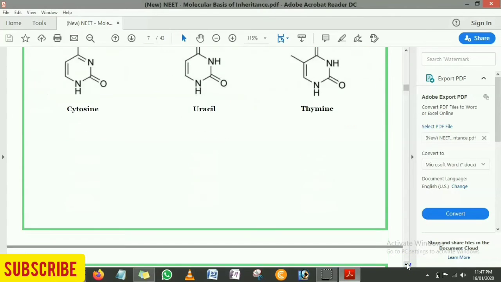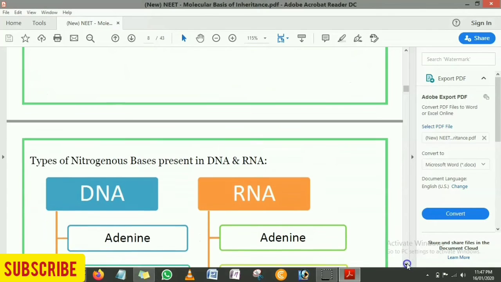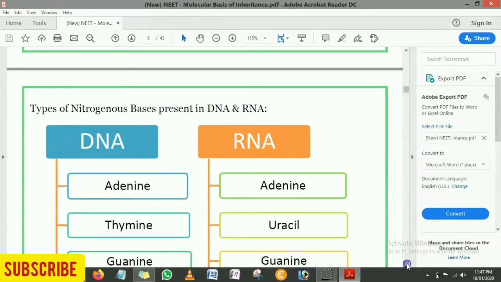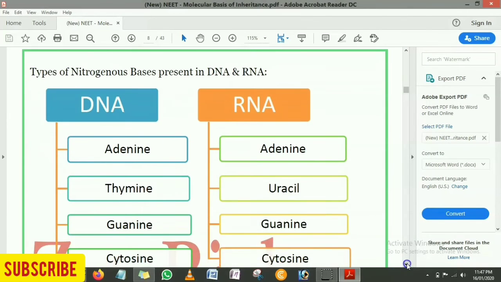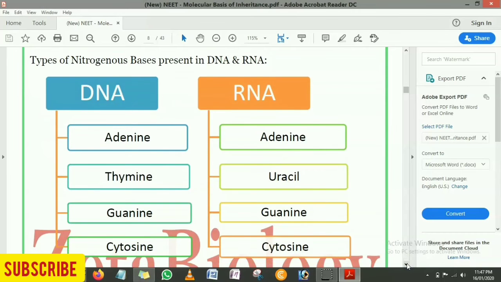Next, types of nitrogenous bases present in DNA and RNA. As we know, in DNA, adenine, thymine, guanine, and cytosine are present, whereas in RNA, adenine, uracil, guanine, and cytosine are present. In both of these molecules, the major difference is that thymine is present in DNA, and in place of thymine in RNA, uracil is present.